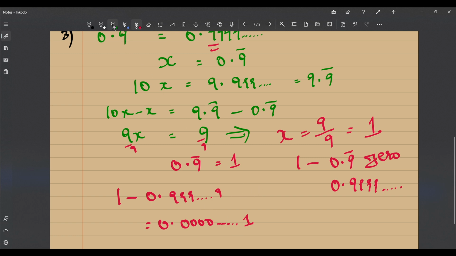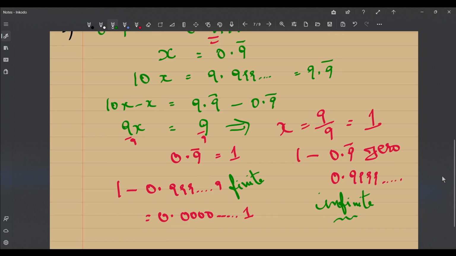If this had been finite, then you would have had a very small difference, however small it is, a difference. So 1 may not be equal to 0.999 if it is finite. But here we have an infinite number of 9s. So what happens?